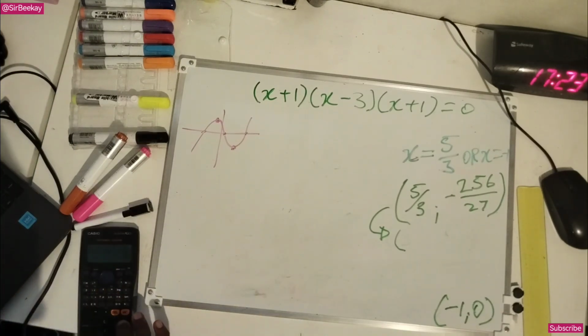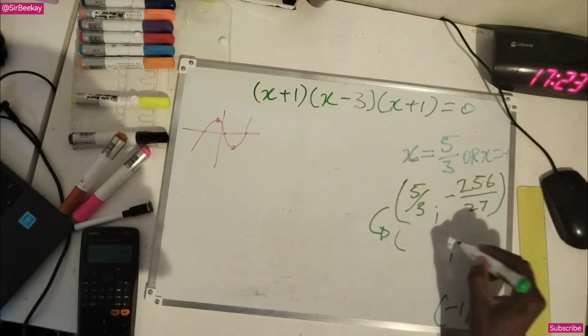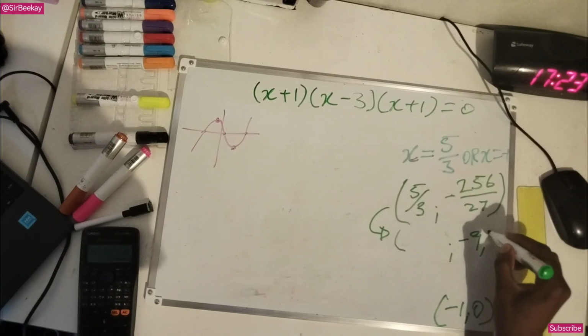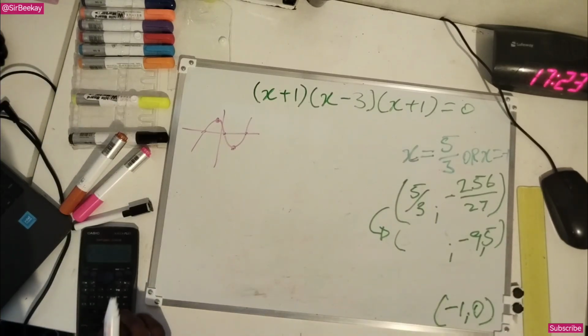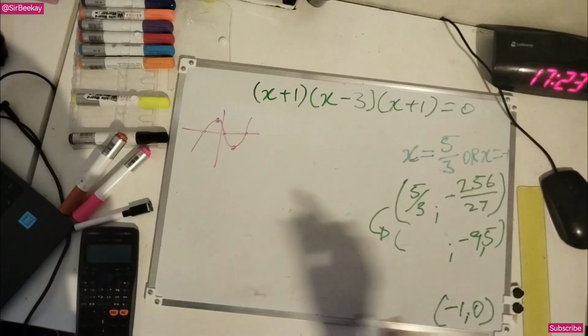This one is minus 9.5 approximately, and the 5 all over 3 is 1.7 approximately.